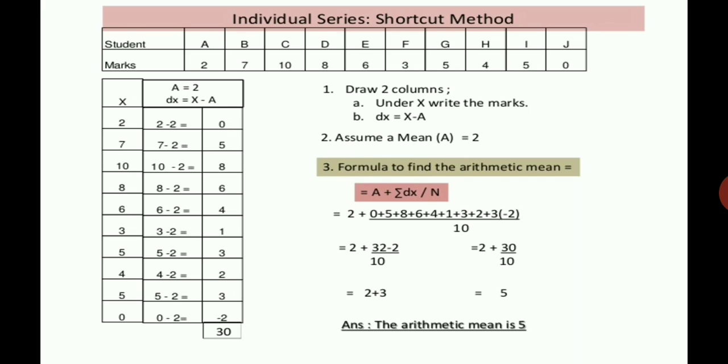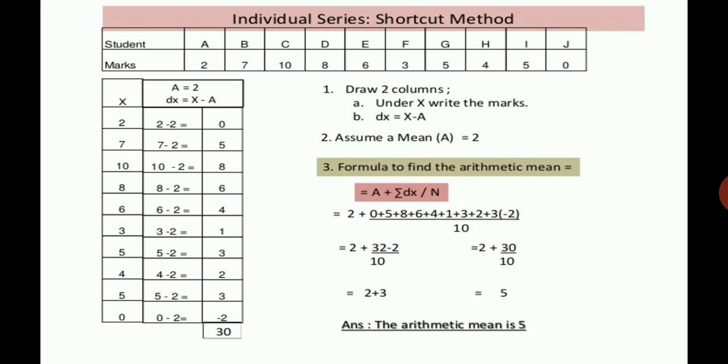You can see in the slide how the assumed mean has been taken as 2, and then all these values are subtracted from it, and it is called deviation from x.